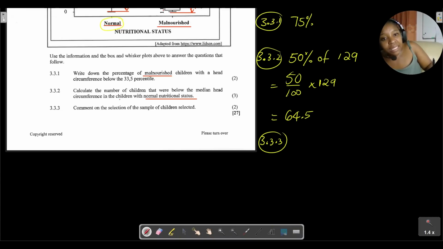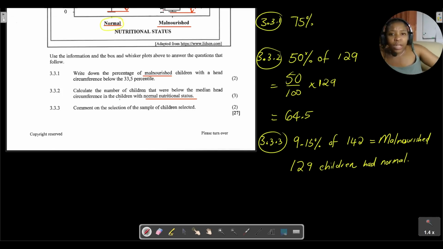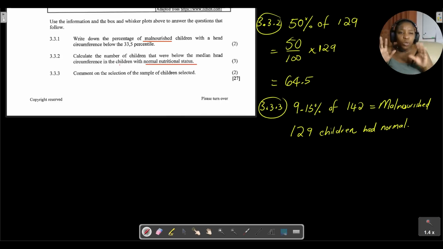What can we basically see? We can see that they selected 9.15% of the 142 children who were malnourished. And then we found that 129 children that were sampled had a normal nutritional status. So we can't compare properly. We first need to change that 9.15% to an actual value.